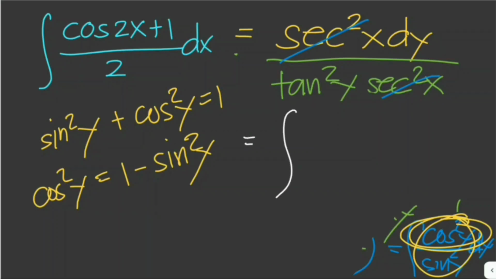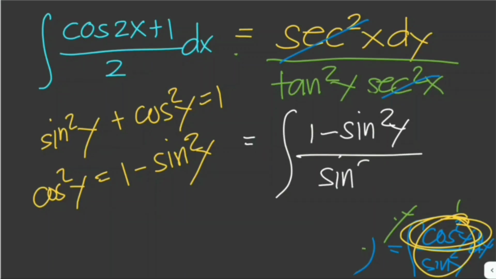Okay, so this would become the integral of cosine squared y, which is 1 minus sine squared y over sine squared y dy.